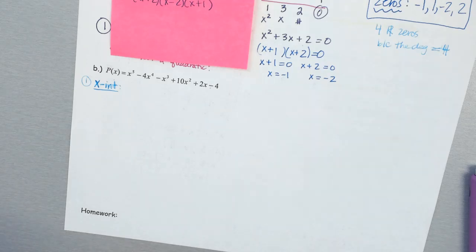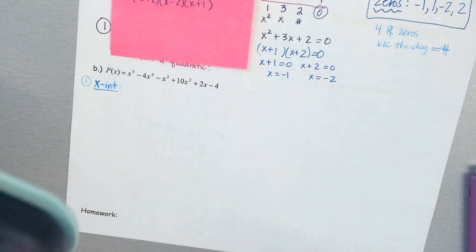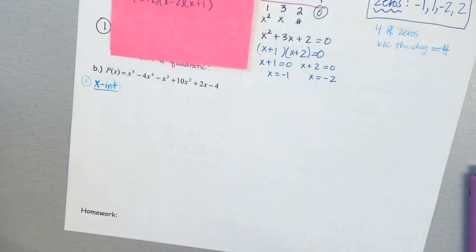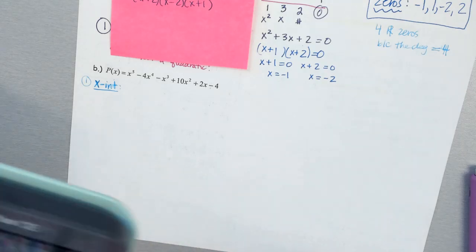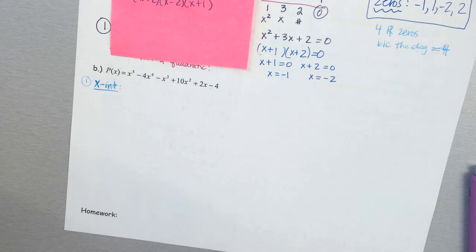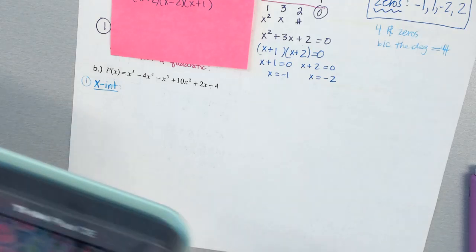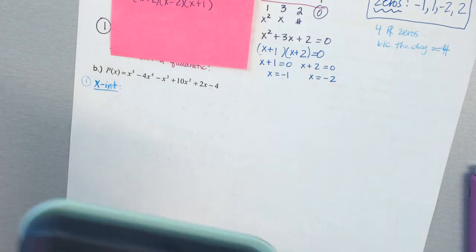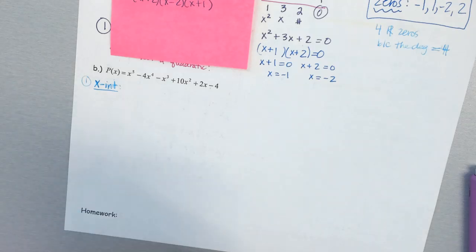So yeah, remember the x-intercepts. I only want you looking for the rational ones. So there is an irrational 0 that we're going to find. So if you have something that is not a rational 0, you are going to have to use the quadratic formula. Okay, so with synthetic division, you are going to pick one of the 2 roots that you found.